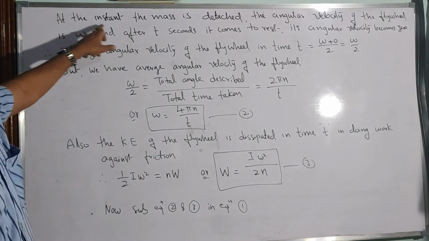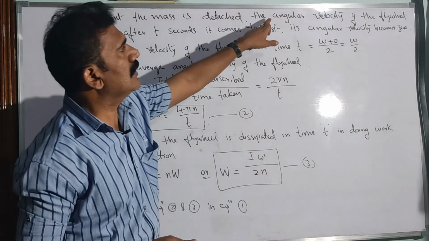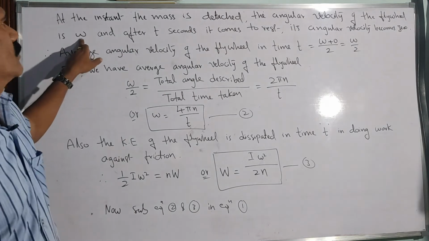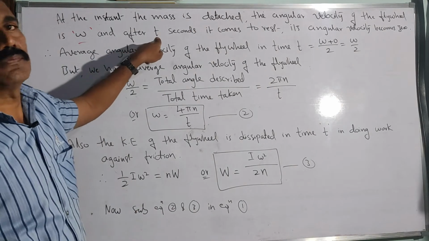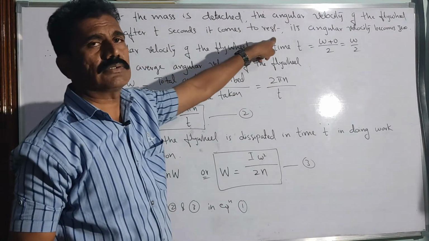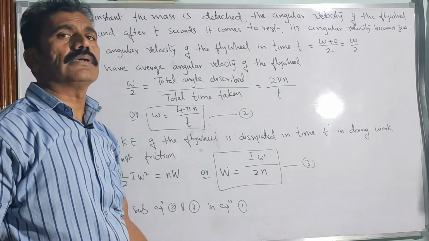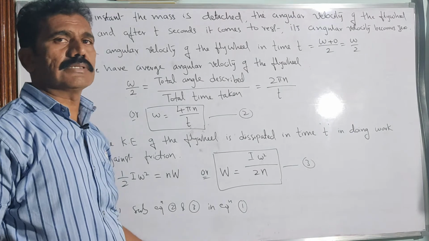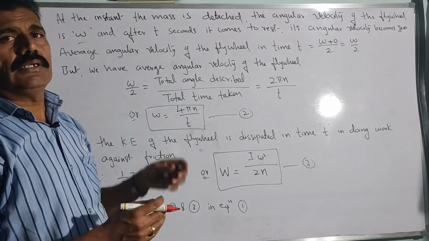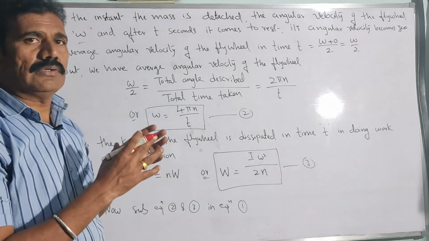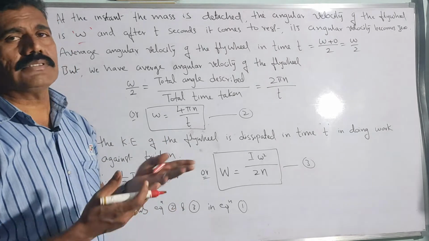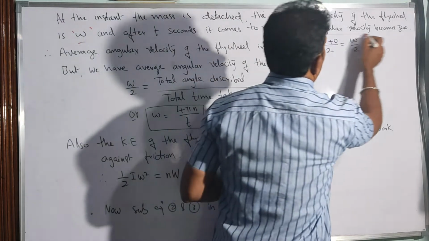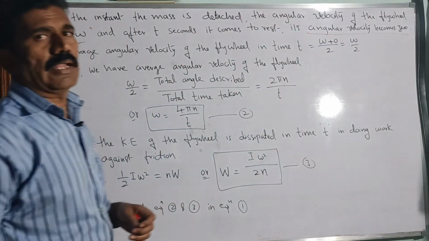After some time, that means after t seconds, it comes to rest. When it stops rotating, the mass reaches the ground. When it comes to rest, its angular velocity is 0, right? Angular velocity becomes 0 after some time t.